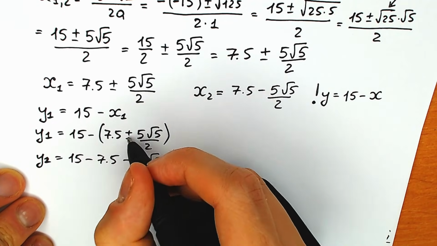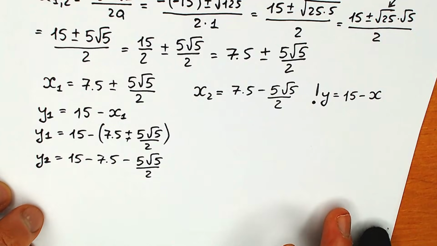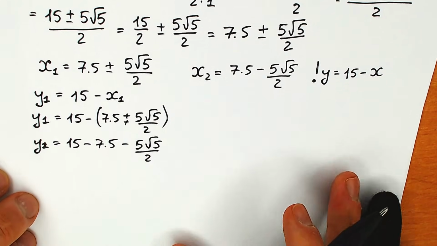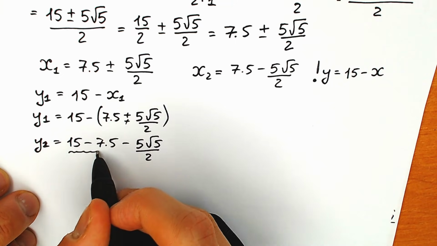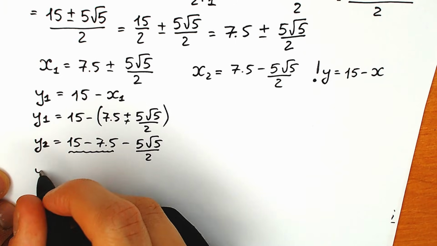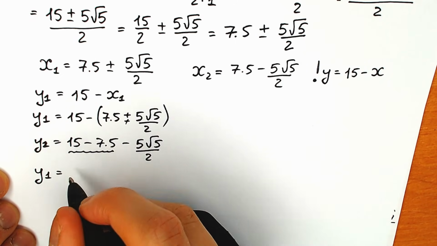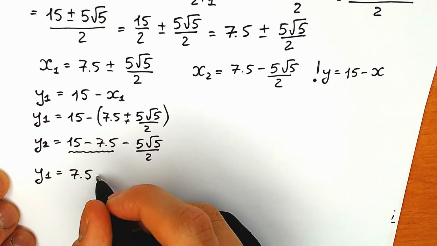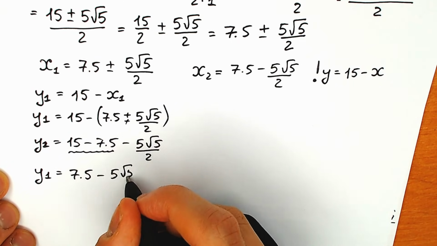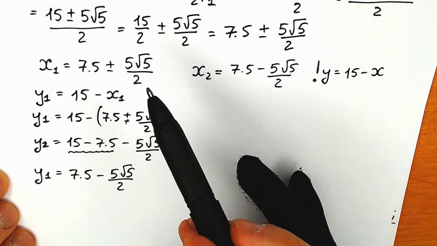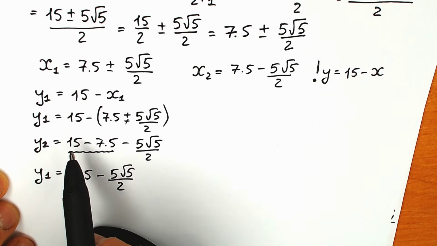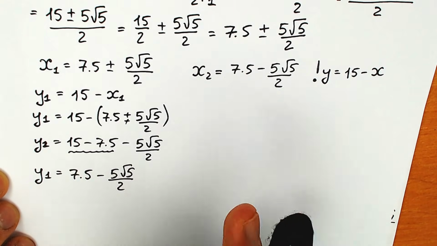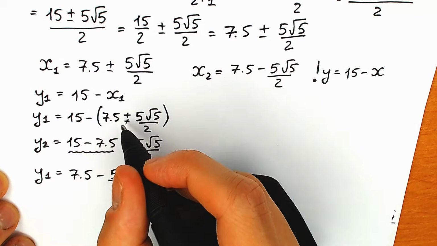That's why I use this expression 7.5. So we have 15 minus 7.5, it's much easier for us to subtract. So we have y first equal to 7.5 minus 5 square root of 5 over 2. I really hope you understand it.